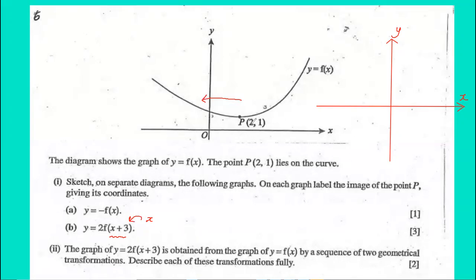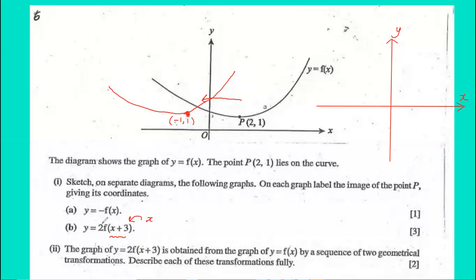So you've got 2 here, you're going to move 3 units to the left. So your point P is now going to be at (-1, 1). Nothing's happened to my y value, it stayed the same, okay? So you've literally just picked up the graph and moved it 3 units to the left.